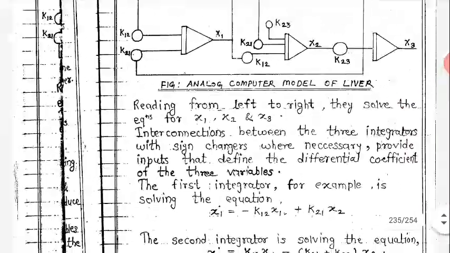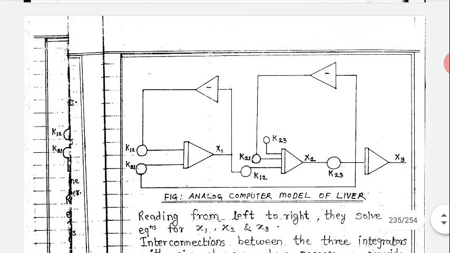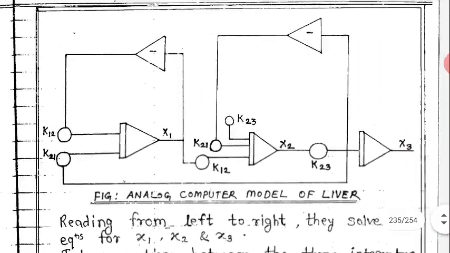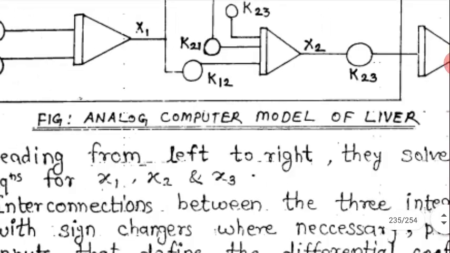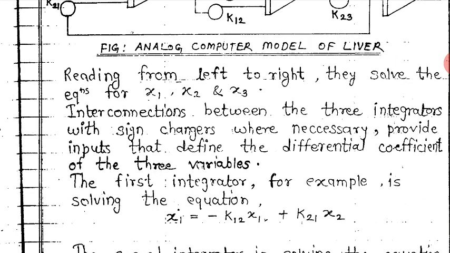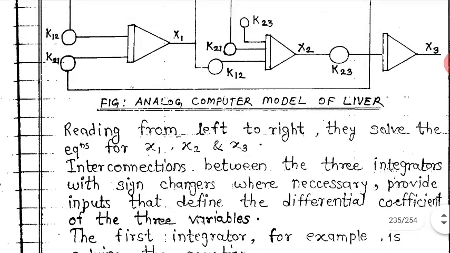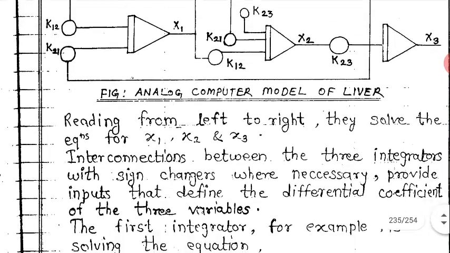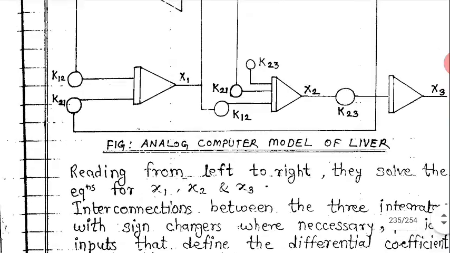Reading from left to right, we can see x1, x2 and x3 given over here. Interconnections between the 3 integrators with sign changes are necessary to define the differential equations of the 3 variables.